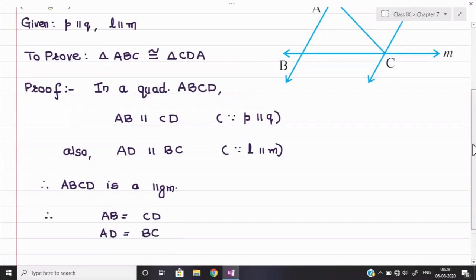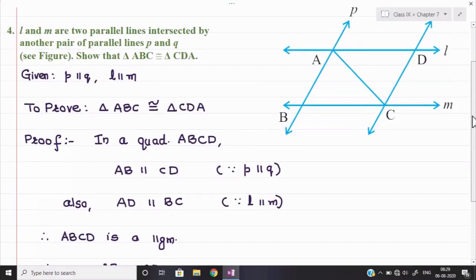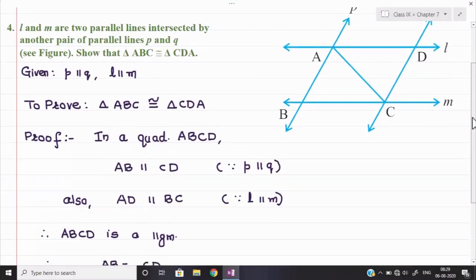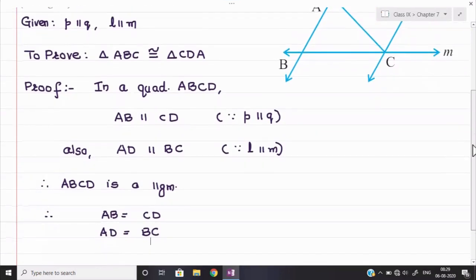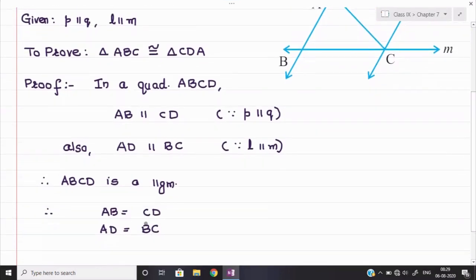In a parallelogram, AB and CD are opposite, and AD and BC are also opposite, so they are equal to each other. The reason is: opposite sides of a parallelogram. This will be my equation number 1 and this equation number 2.